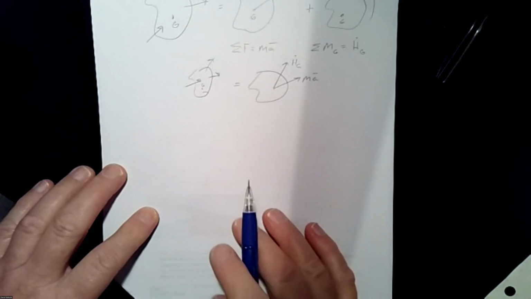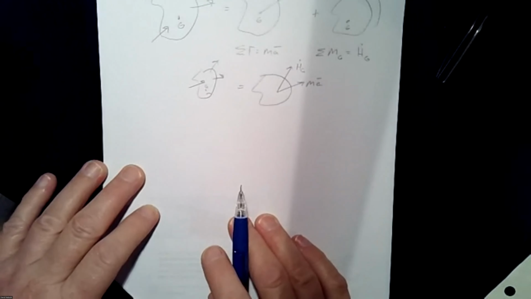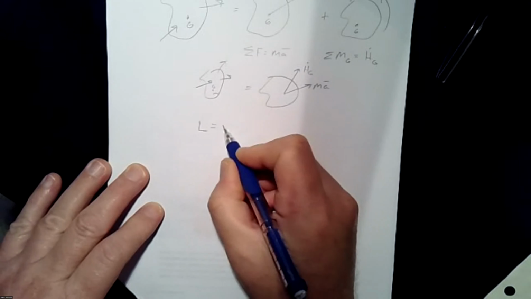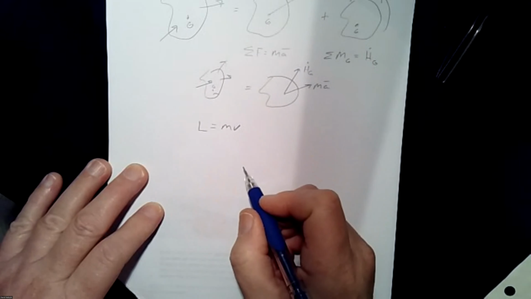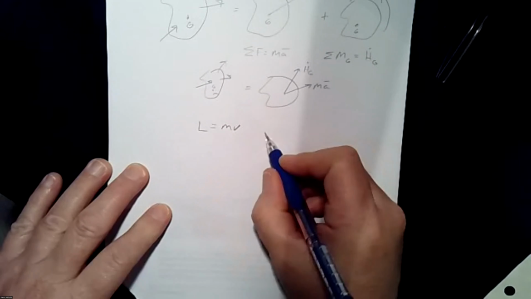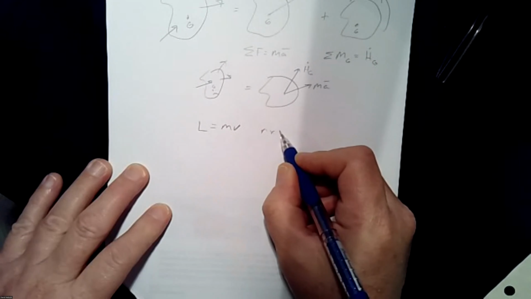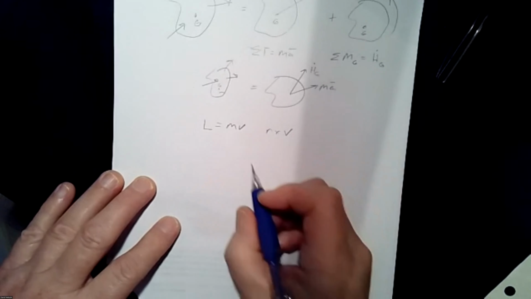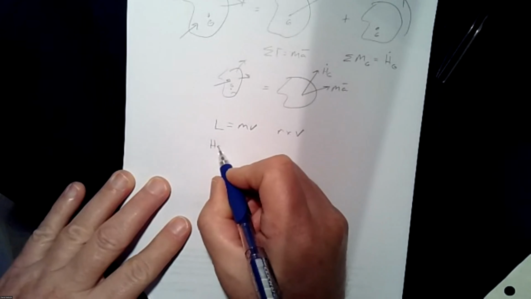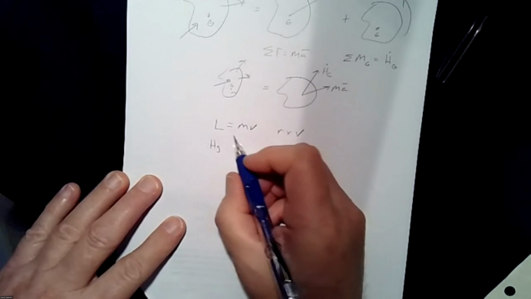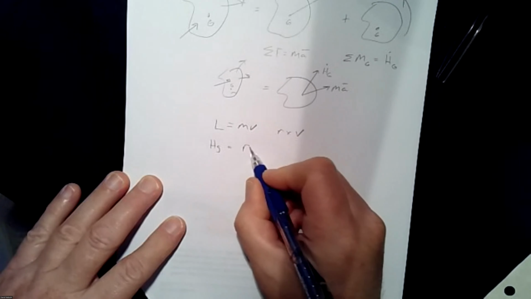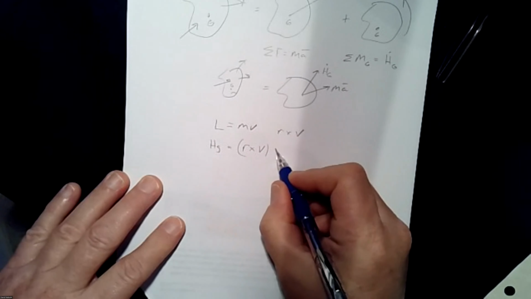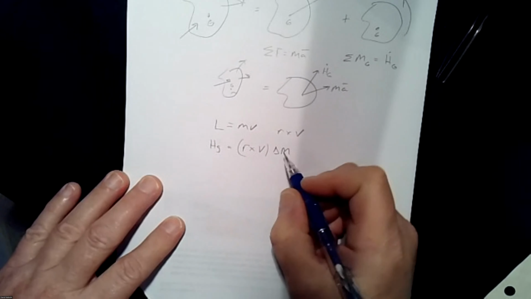And the slides talk about it also, but I'll just run through it right now. So recall that linear momentum is equal to mv. And so we know that you can also write it as r cross v if you have it in 3D. But so we know that our angular momentum, H G, is equal to r cross v, and then times the change in mass.